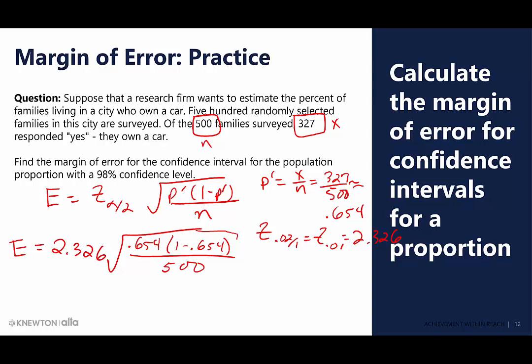Let's see if we can put all that into the calculator. That's a lot. So what is the margin of error?